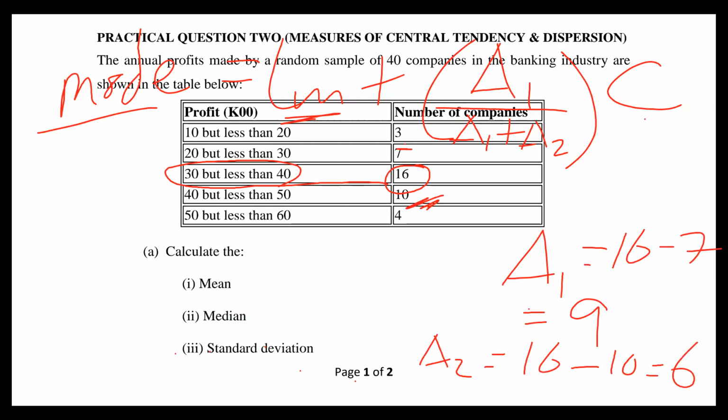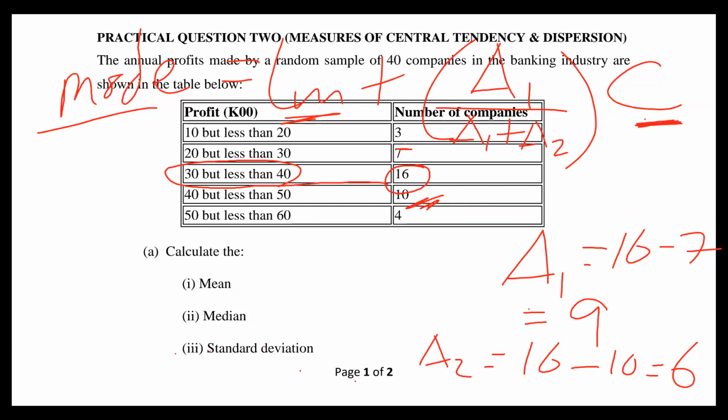Then the class size. We have already found the class size, isn't it? In the previous example, 10. It's still the same way of finding the class size. So it's 10. So you can put here the lower class boundary of the model class, not of the median class now.